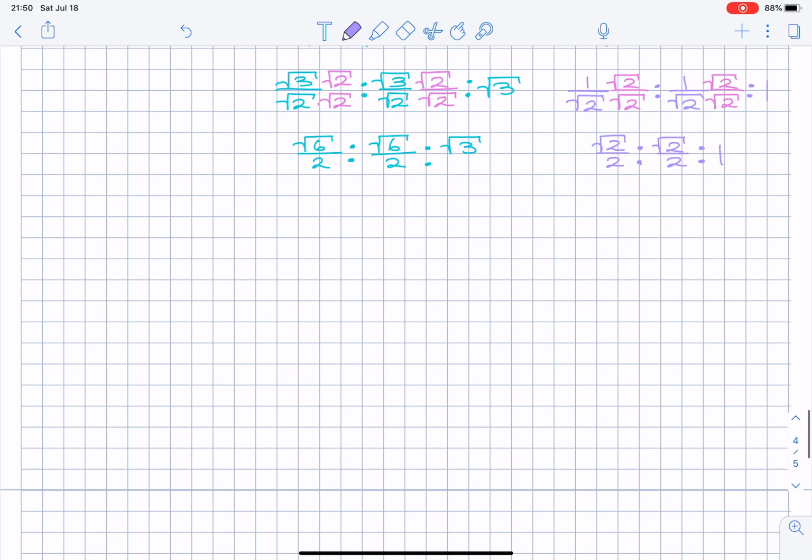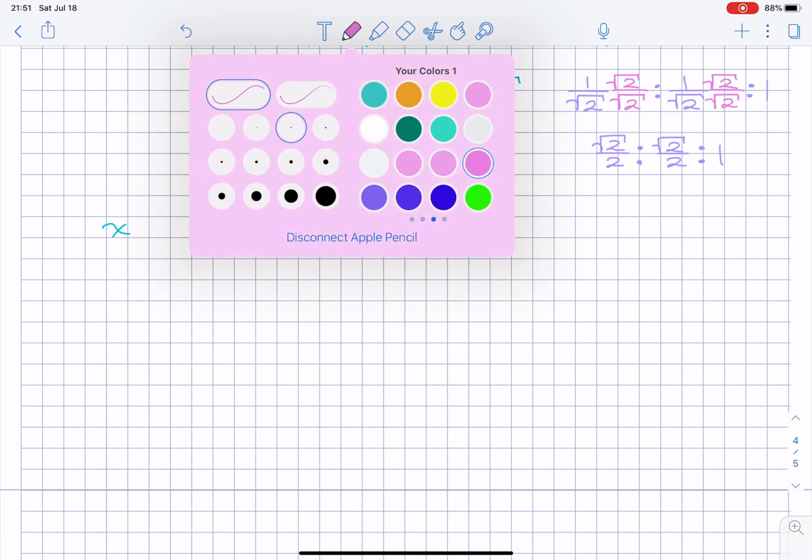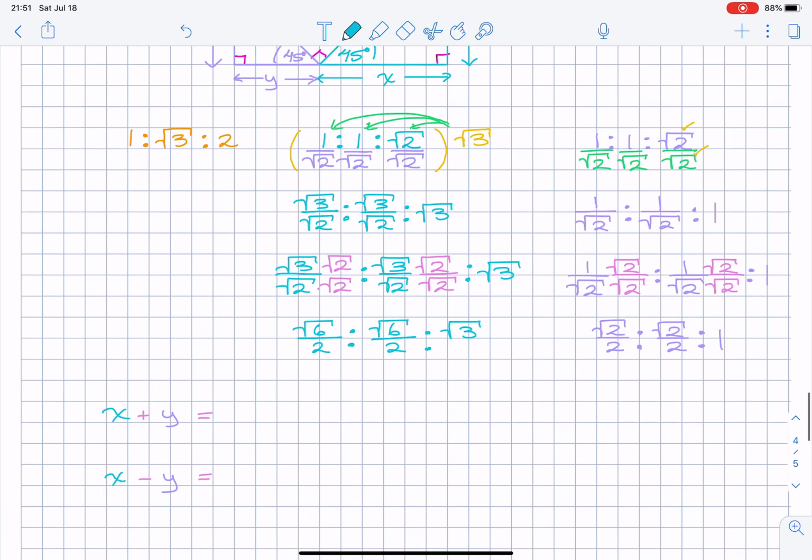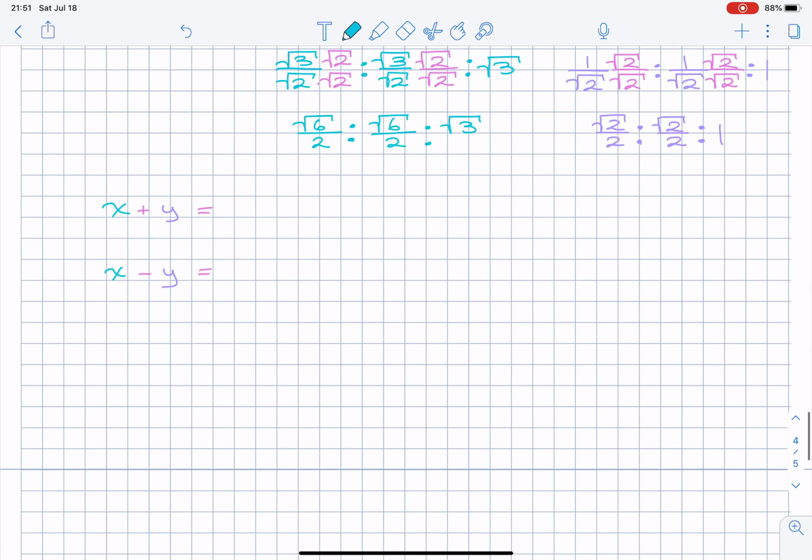Okay, so x plus y is equal to, and x minus y is equal to. Okay, so what did we find for x? We found that x was root 6 over 2. So root 6 over 2, root 6 over 2.